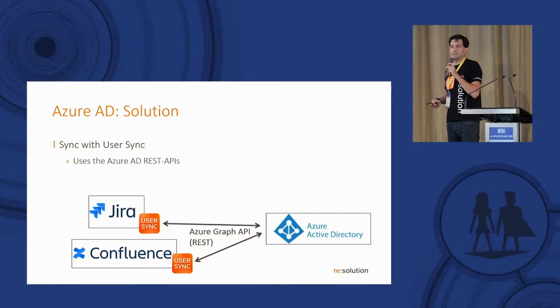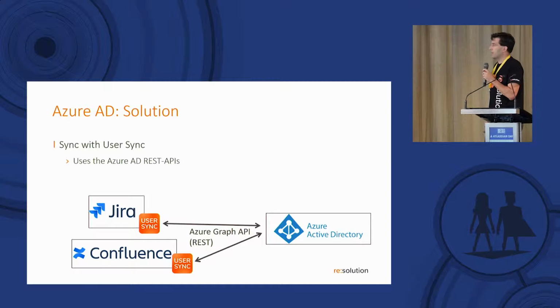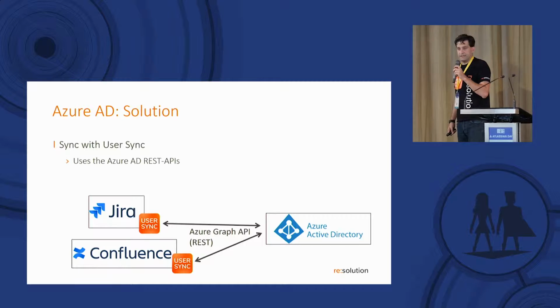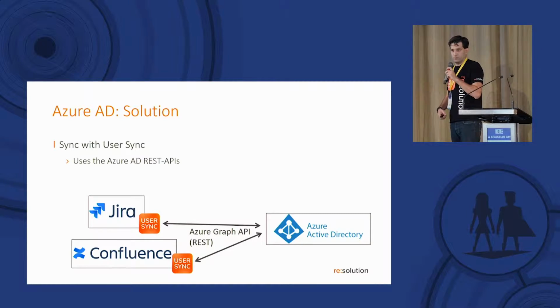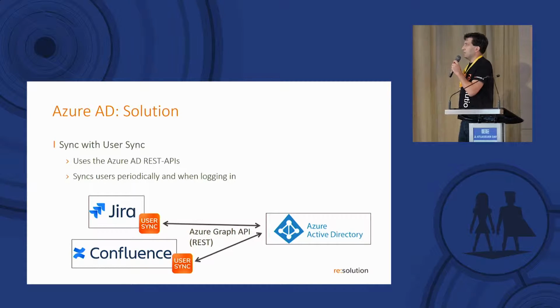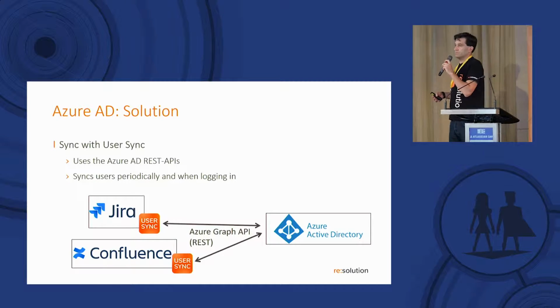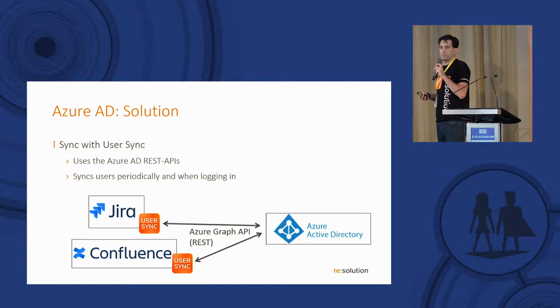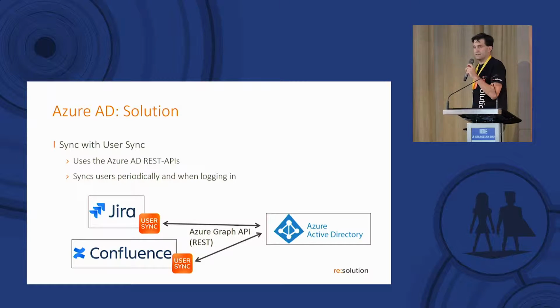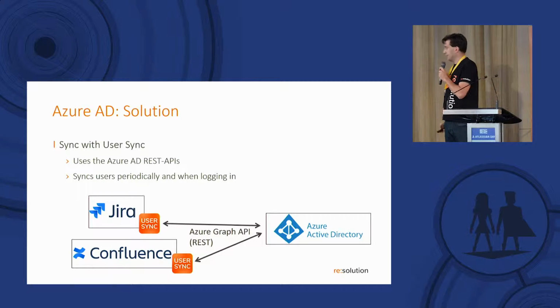So the result is you replace your LDAP with the Azure connector. And that solves your issue with getting the users. You just pull them from there. You can sync them periodically, like you used to do with LDAP, and you can update these users anytime a user logs in to have any change applied directly.